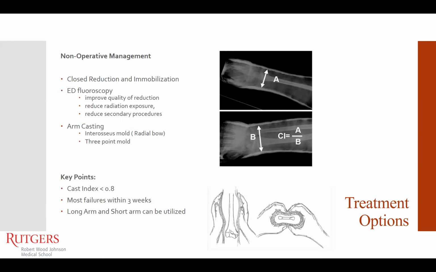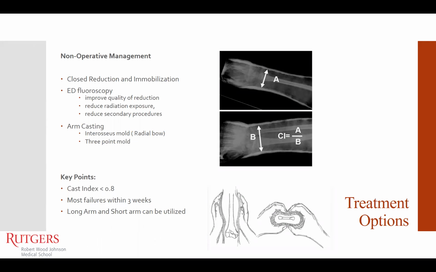Normal function is often achieved with non-operative management alone. That includes a closed reduction and immobilization of the both bone forearm fracture. That entails reduction with a combination of traction and manipulation with 90 degrees of flexion. Once you have acceptable alignment, the cast is applied while the arm is still in traction. You want to keep the arm in neutral or supinated positioning.